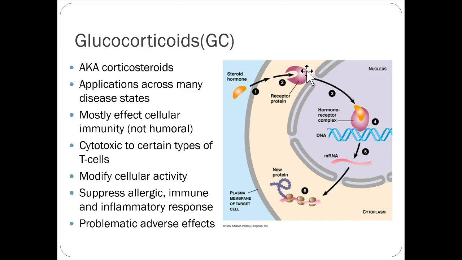It's working on much more areas than just a simple antihistamine would, which is only working on a histamine response. So anyway, we'll get to those in a little bit here, but the point is that the steroids work intracellularly. They're specific receptors designed to interact with steroids. They complex with DNA. They produce a messenger, which creates proteins, and then you get some sort of signaling with the cell.